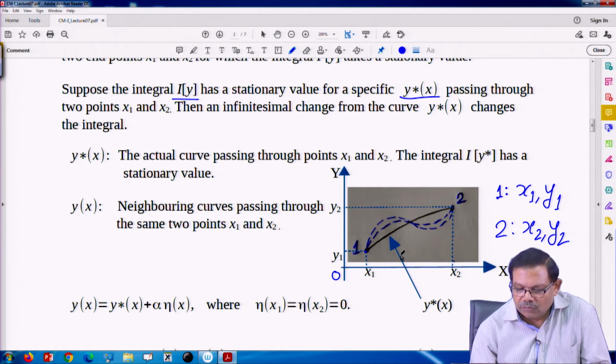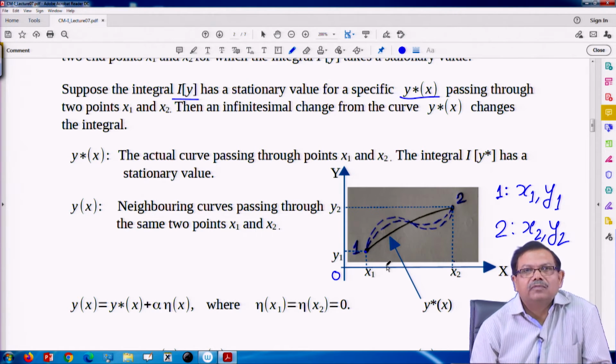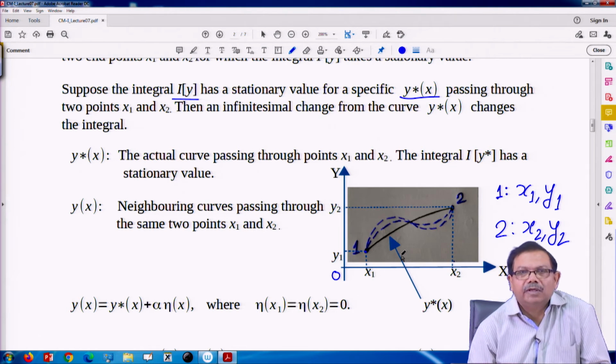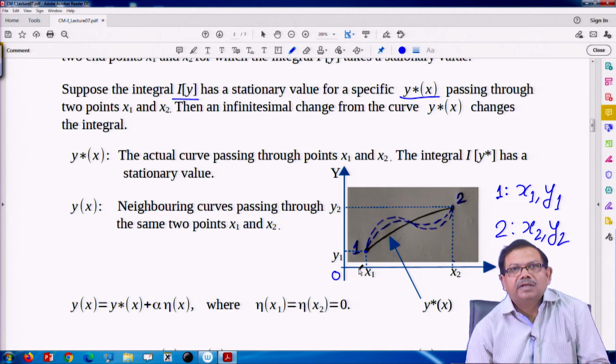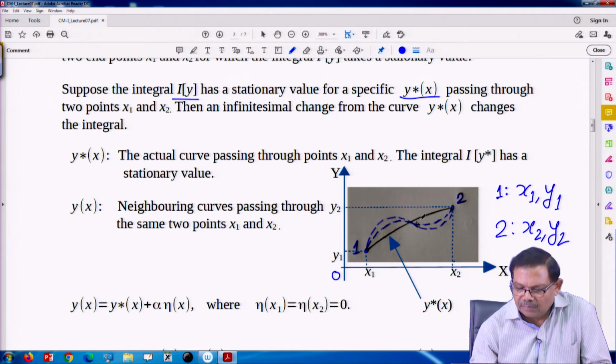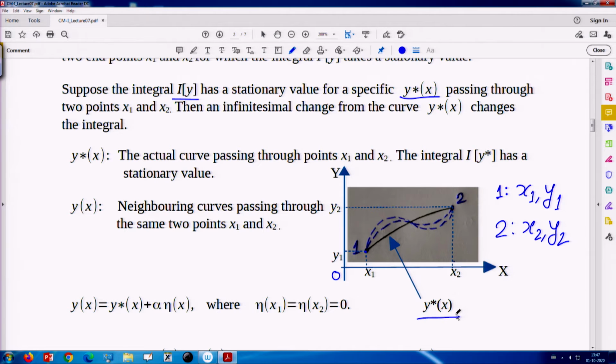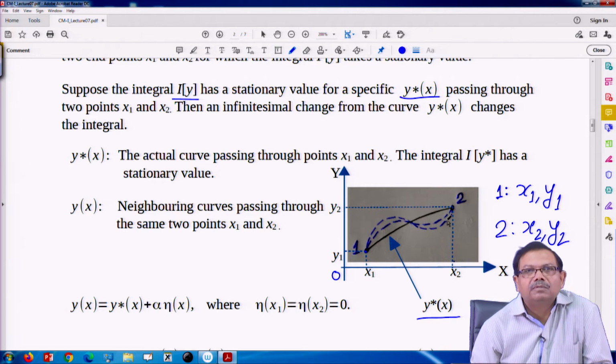Now, the issue is to find out which curve will lead to a stationary value for the integral. We start with an assumption, let us say this black colored curve is the actual curve y star of x. If I choose y as this particular curve, then the value of the integral would be stationary, and if I choose any other curve, its value would be slightly different.